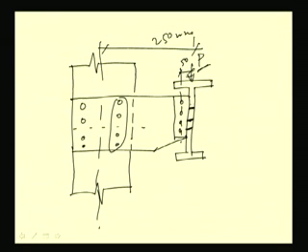This is the eccentricity, and the edge distance is 50 and pitch distance is 60. This is given, and here the edge distance is 40 and pitch is 50. So, these are the details of the joint.